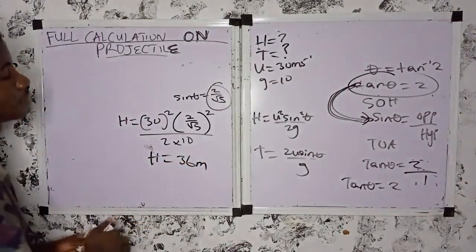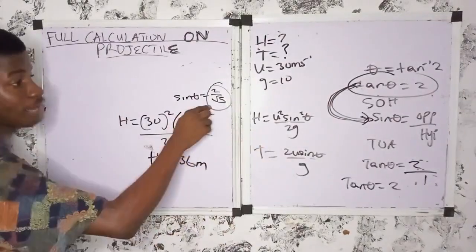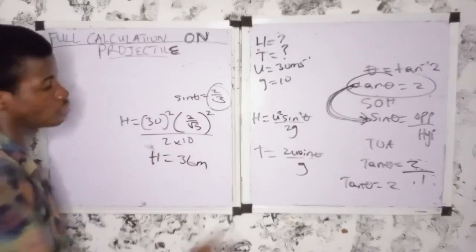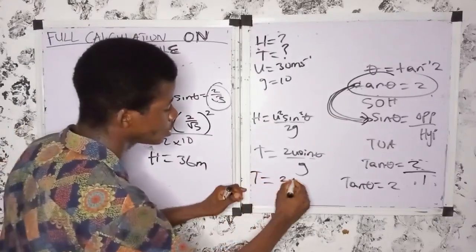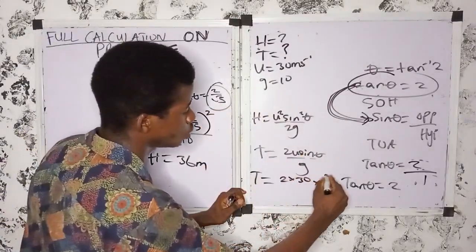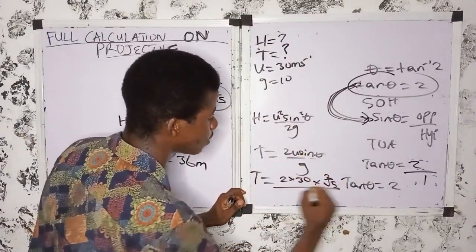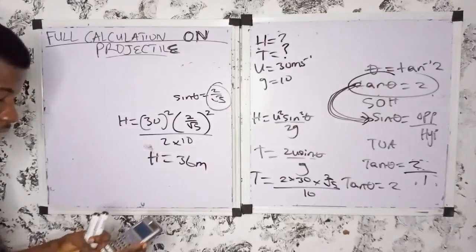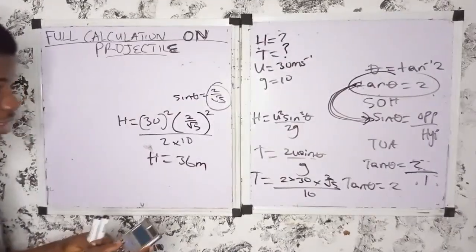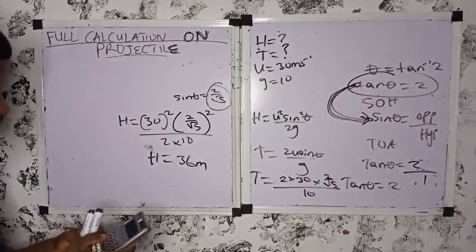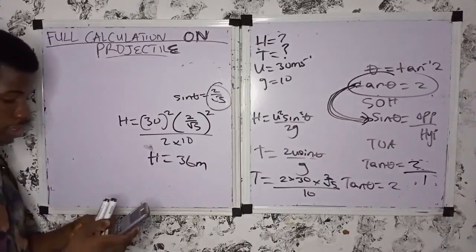Then what about our time of flight? Remember, sin theta is equal to 2 over root 5. Whenever we see sin theta, we put 2 over root 5. So T will be equal to 2 times 30 times 2 over root 5, then divided by 10.